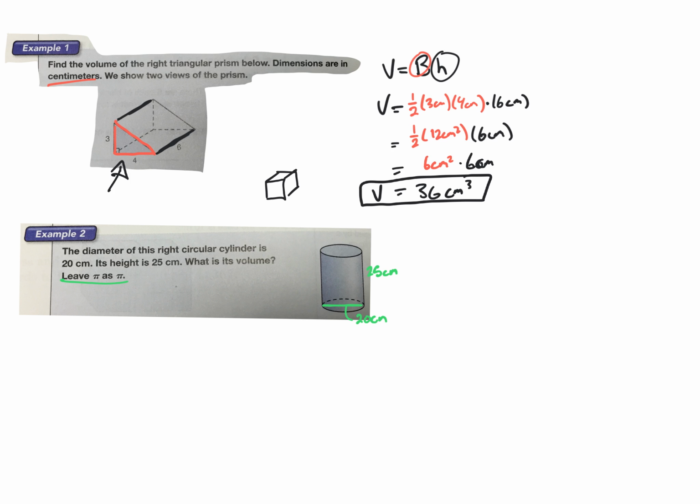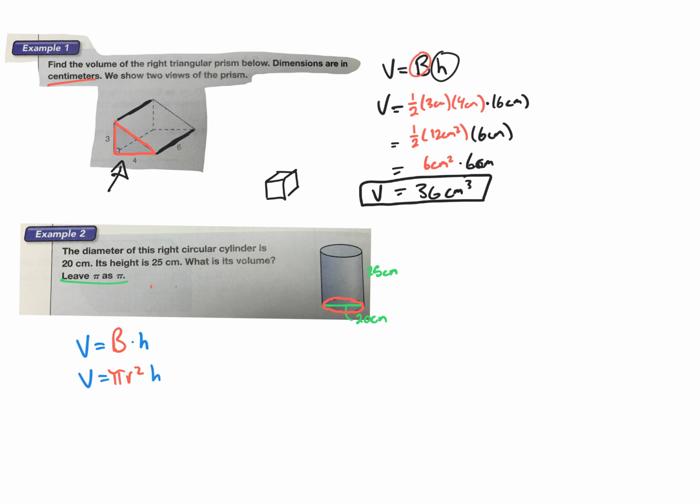So to find the volume, I know I need to find the area of the base times the height. Well, what shape is the base? Yeah, that's right, it's a circle. So I'm going to say pi times r squared times the height. So let's see if we can plug in some numbers here.